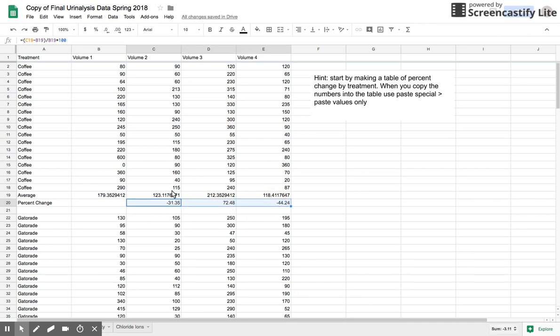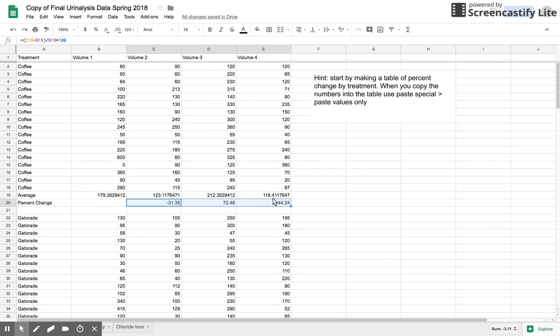Okay. And now I'm just going to double check my data here. So this is 70-ish%, and a 70-ish% increase from 123 to 210 makes sense. And then a negative 44% decrease going from 210 to 120.